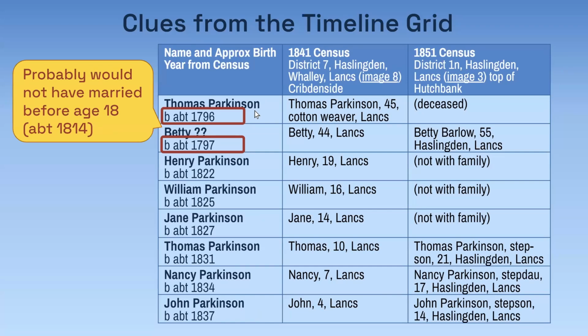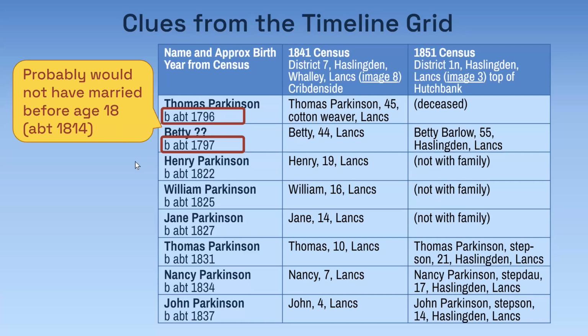But when and where? Well, this is where we're going to use what we know to discover what we don't know. From the ages of Thomas and Betty, we can deduce when their marriage might have taken place. They probably didn't get married before age 18. So that would be about 1814 because they're born about the same time, 96, 97.